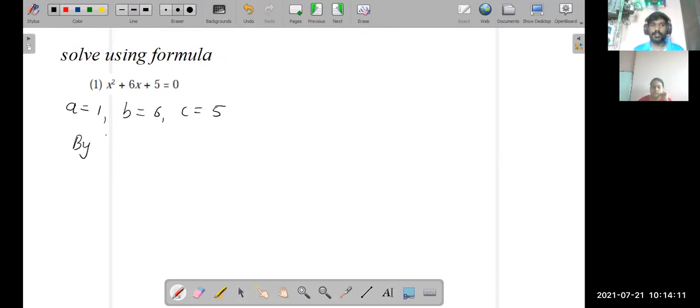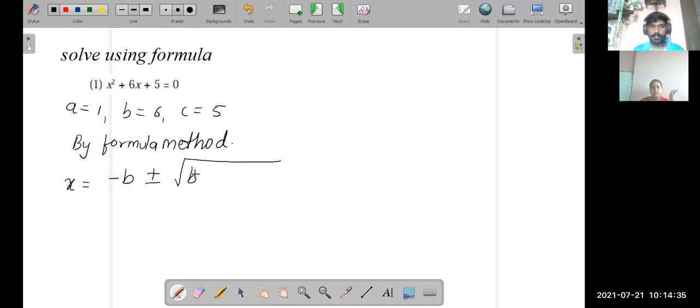So by formula method, write down the formula: x equals minus B plus or minus root of B square minus 4AC, upon 2A.